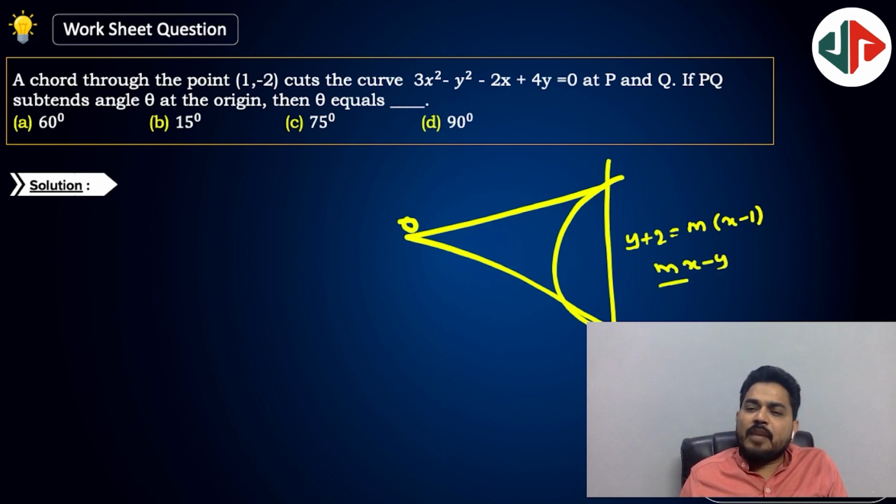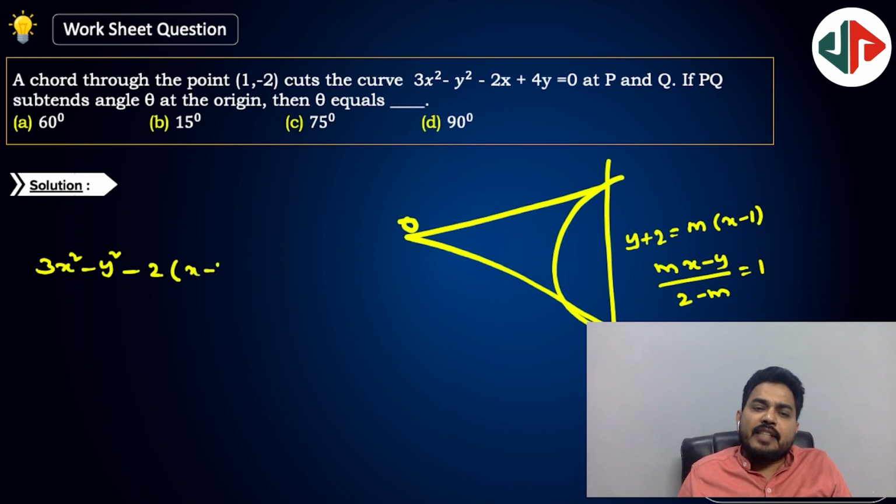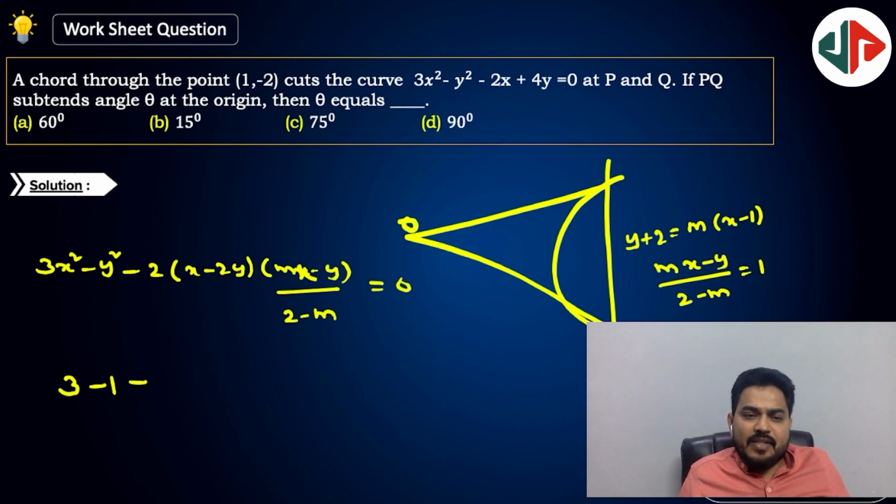(mx minus y) by (2 minus m) is equal to 1. So this is 3x square minus y square minus 2x common, minus 2y into (mx minus y) by (2 minus m) is equal to 0. X square coefficient 3, y square coefficient minus 1, minus x square coefficient is 2m by (2 minus m), y square coefficient is 4 by (2 minus m).